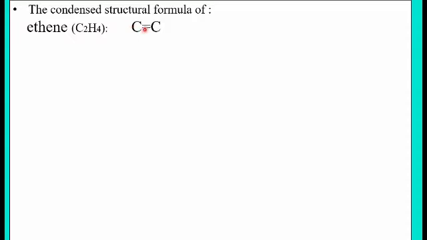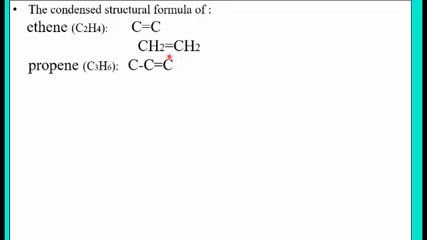So the first carbon atom makes 2 bonds, and it needs 2 bonds to be stable, so it needs 2 hydrogen. And the second one is the same. So the condensed structural formula becomes CH2=CH2.